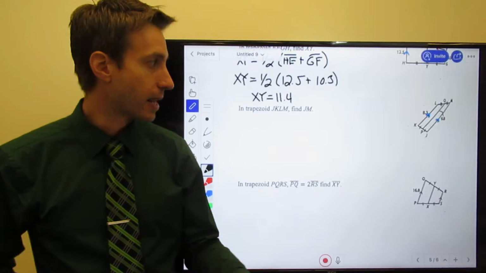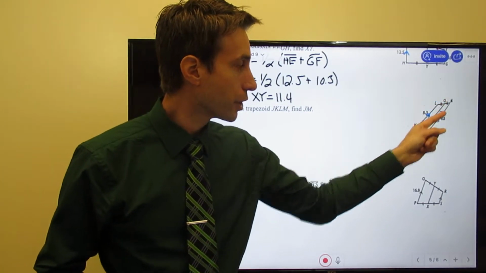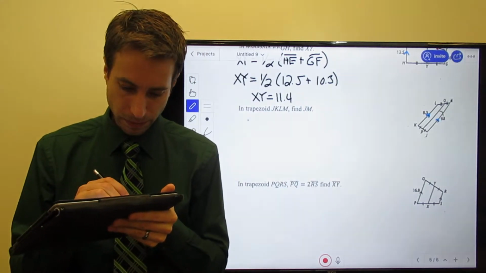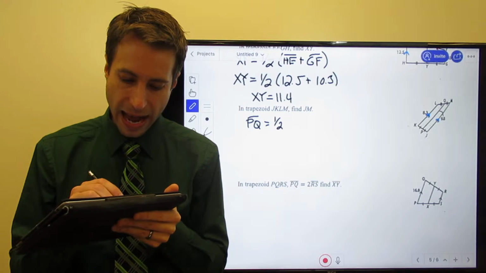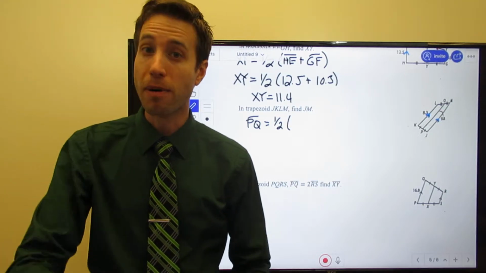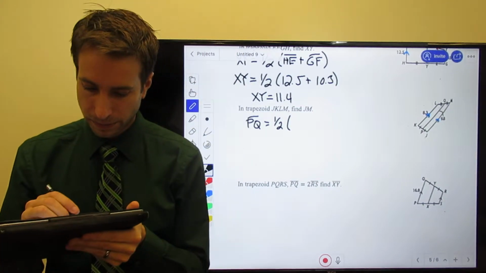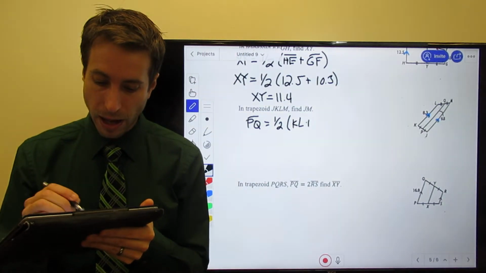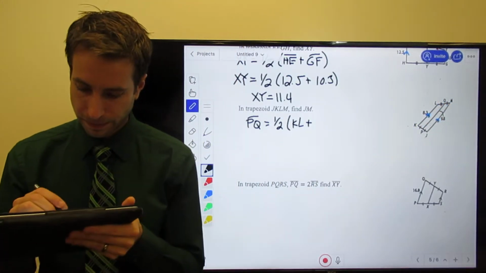First, the midsegment, PQ. Well, that midsegment is equal to 1/2 the sum of the base sides. That's KL plus JM.